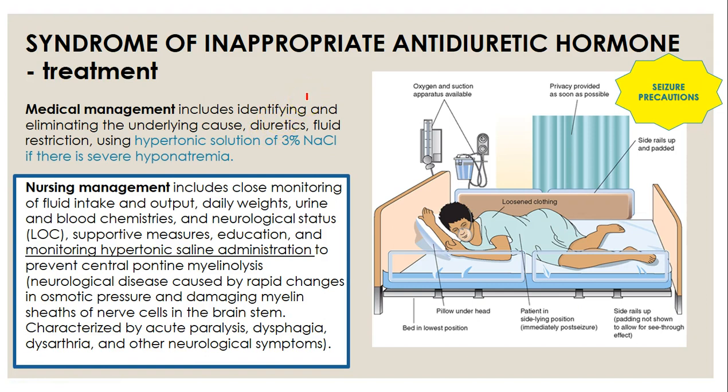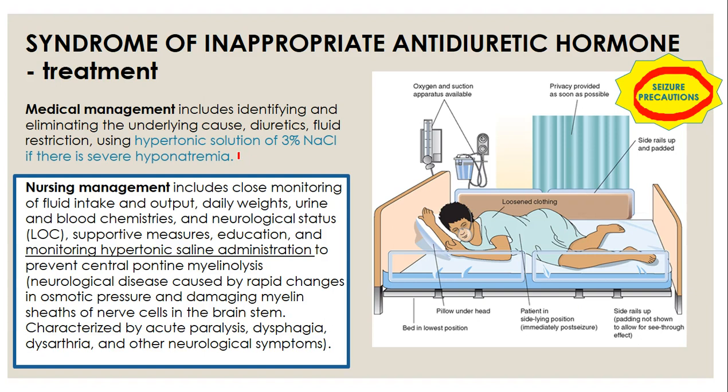Because of the imbalance with the sodium, one thing you need to do is put the person on seizure precautions. The way to correct severe hyponatremia is through a hypertonic solution of 3% sodium chloride.